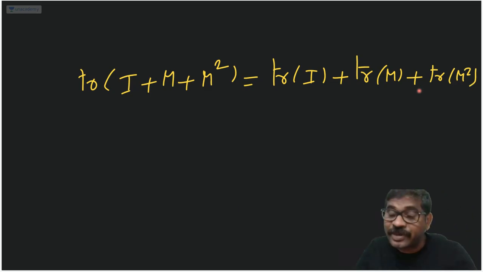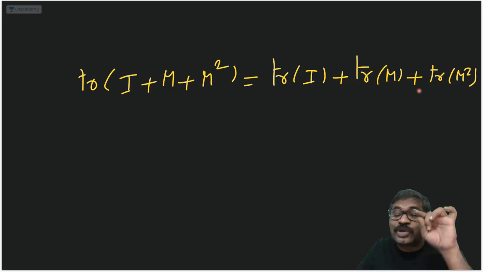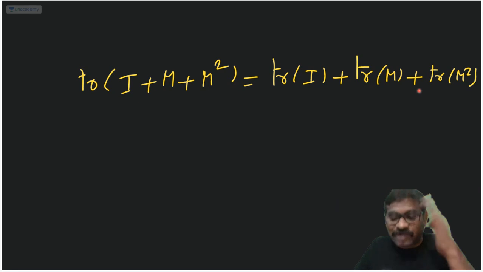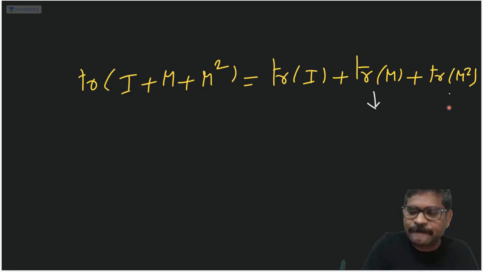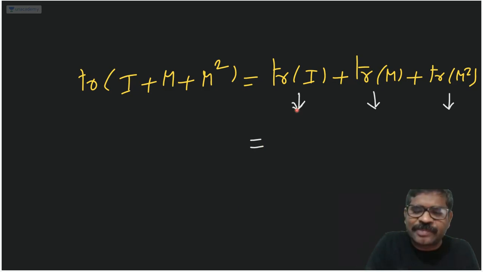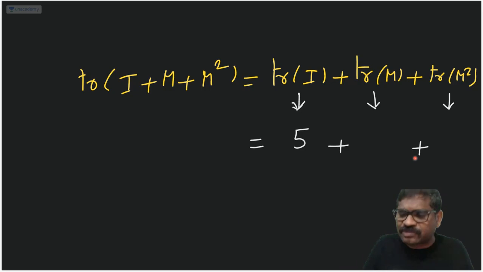We have one property: sum of eigenvalues equals trace of the matrix. That's why we are going to calculate eigenvalues. With the help of eigenvalues, we calculate the sum of eigenvalues, then we get the trace, and we substitute it here. Understood? The matrix is 5 cross 5. Therefore, trace of identity matrix of order 5 is 5. That is very clear. I have to calculate trace of M and trace of M square.